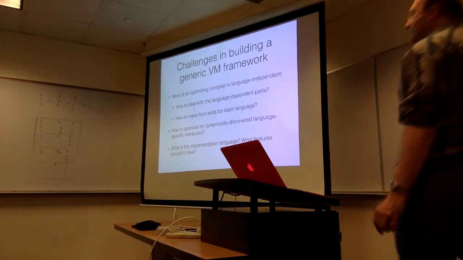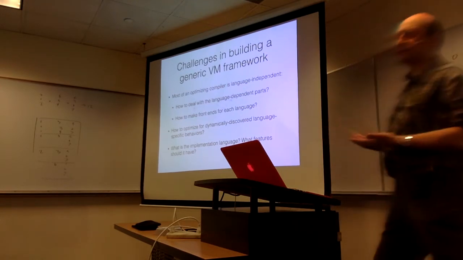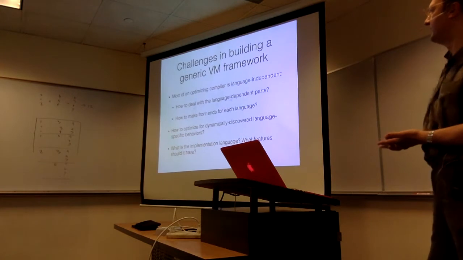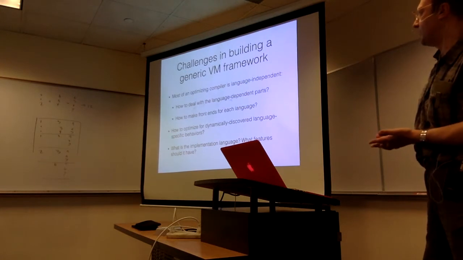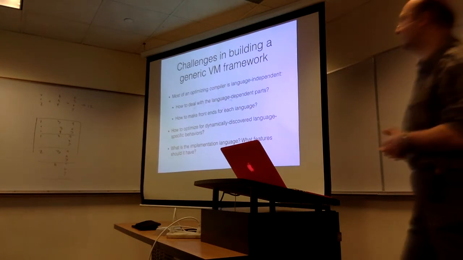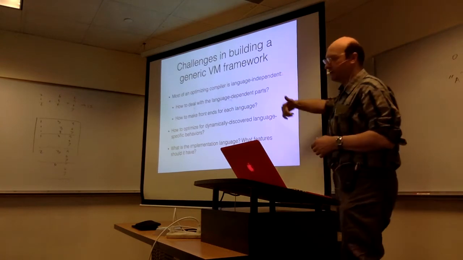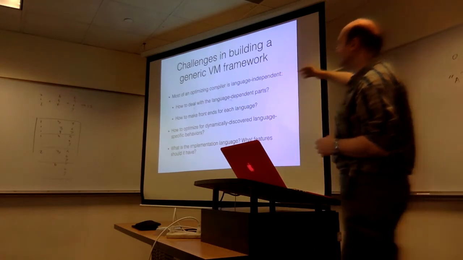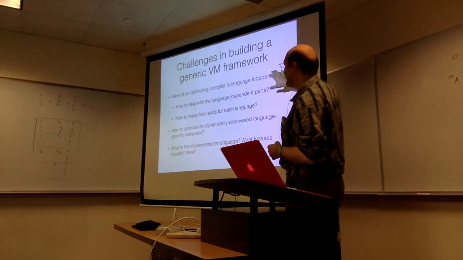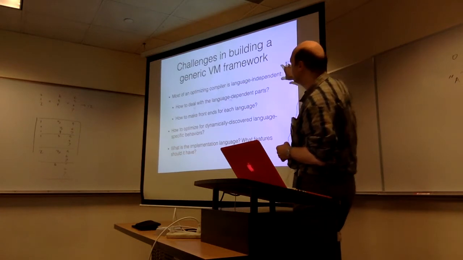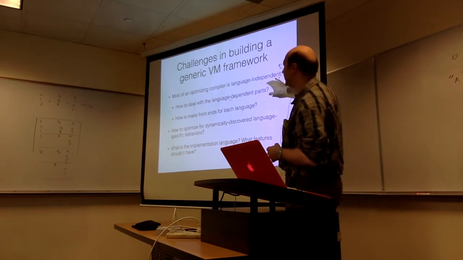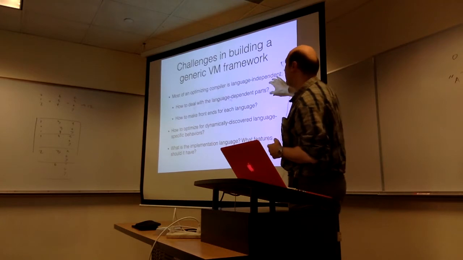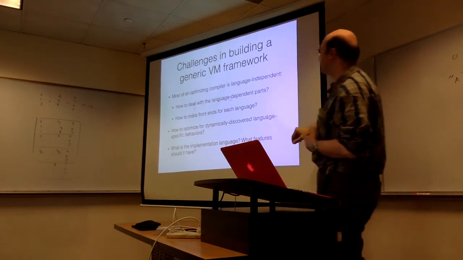So the interesting question is, if you started with the core of the optimization framework and the IR, how would you get to a system in which you had a reusable language-independent core with some language-dependent parts, probably language-dependent optimizations?